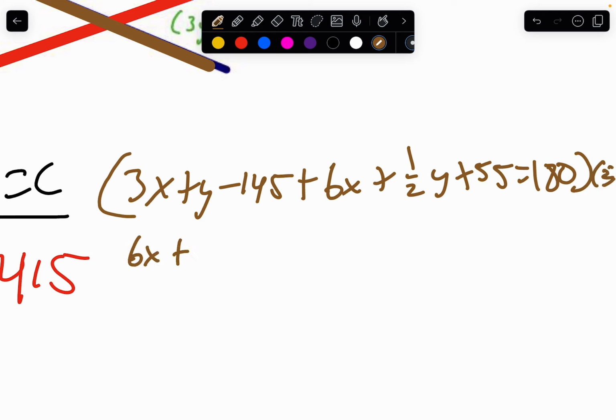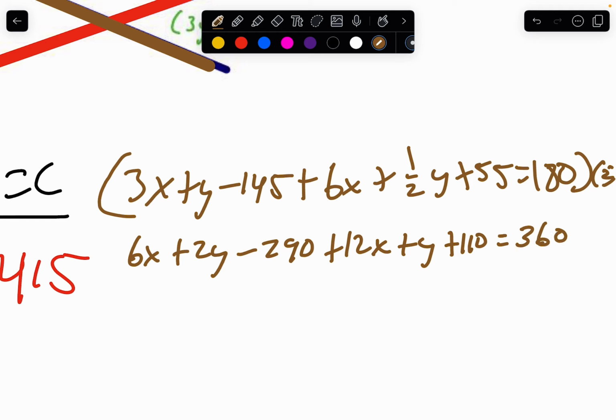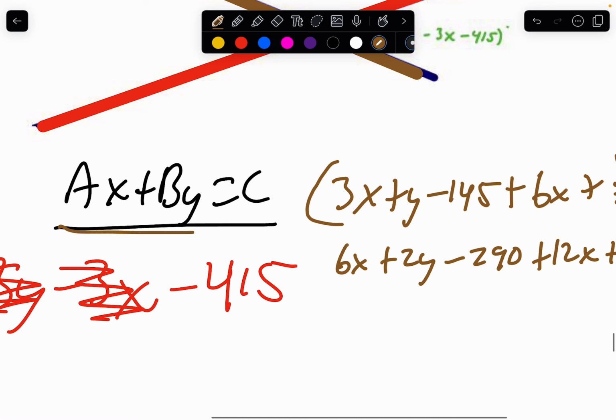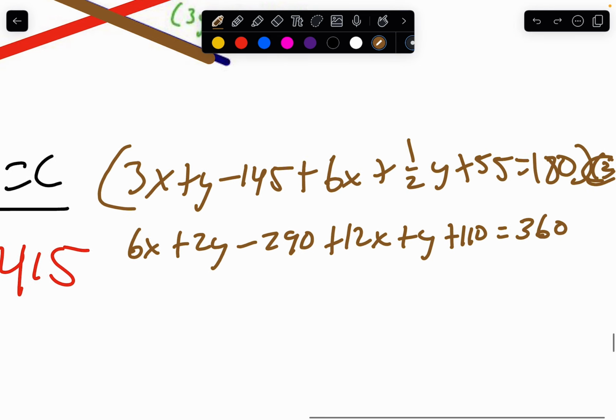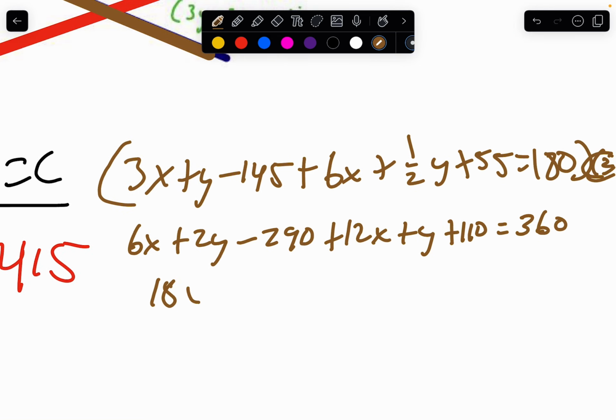So 6x plus 2y, that'd be minus 290. That'd be 12x plus y. That would be plus 110 equals 360. Now all the fractions are gone. So I multiplied everything times 2. Now I want it to be in this format. So I have my x's, that'd be 18 x's.